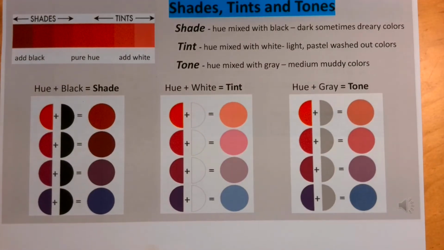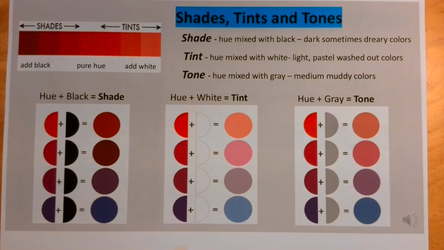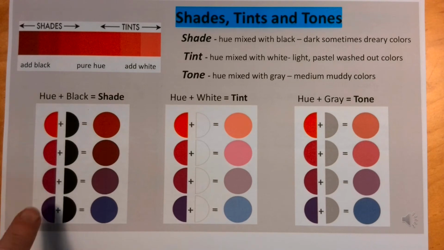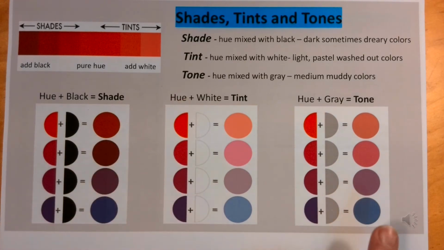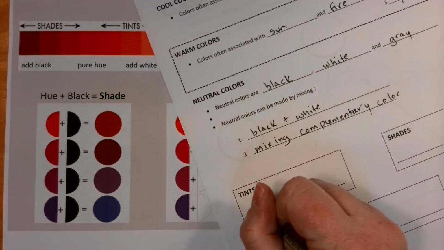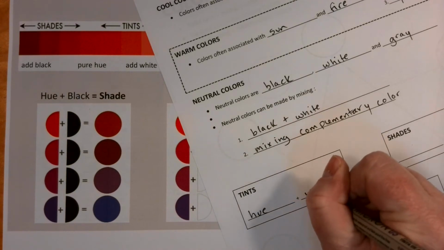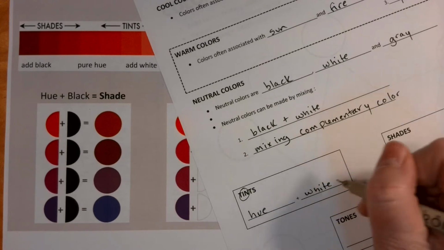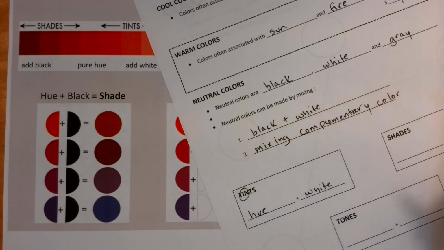Okay, so now we're going to talk about shades, tints, and tones. A shade is a hue or color plus black. That makes a shade. A tint is a hue or color plus white, and a tone is a hue plus gray. So a tint is a hue plus white, and we remember that because there's an I in tints.